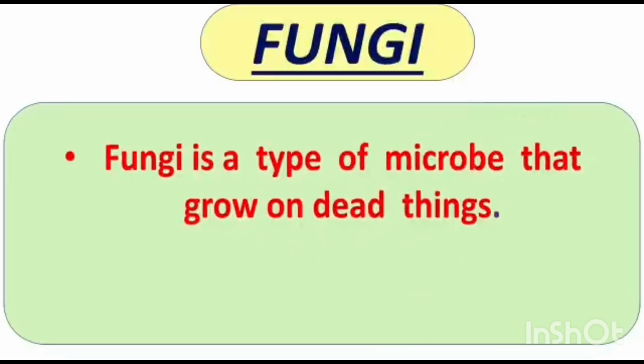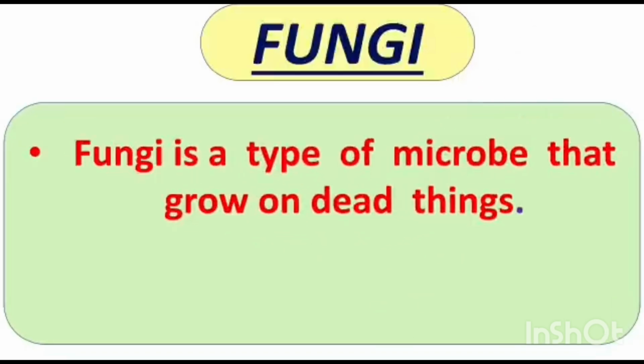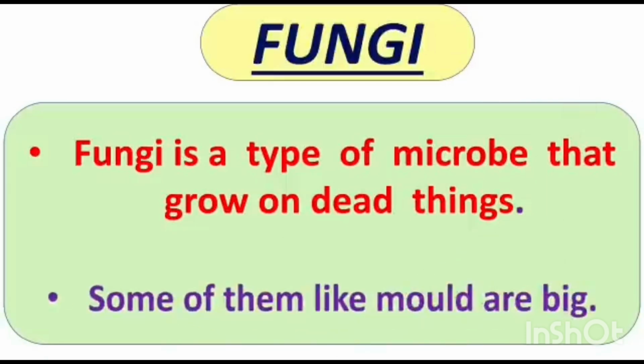Now, the next is fungi. They are also called fungus. Now, what is fungi? Fungi is a type of microbe that grows on dead things. Some of them, like mold, are big.